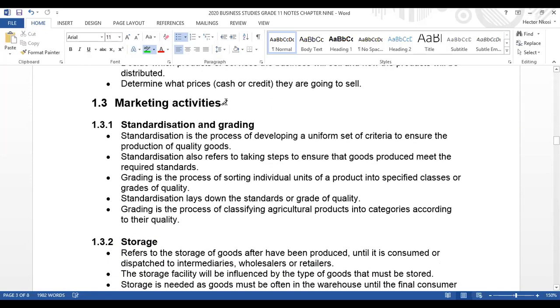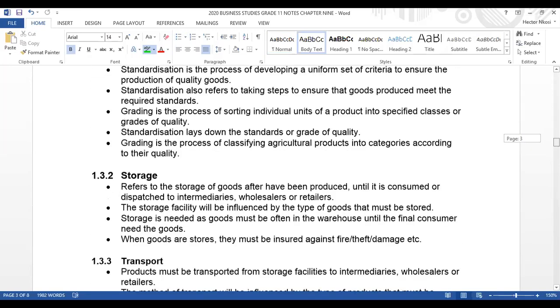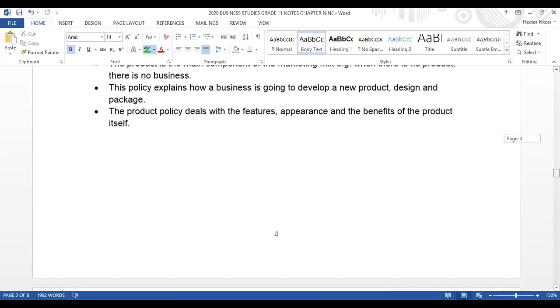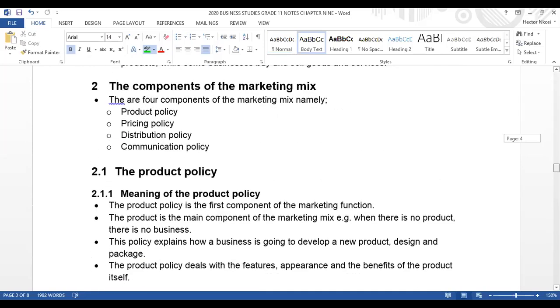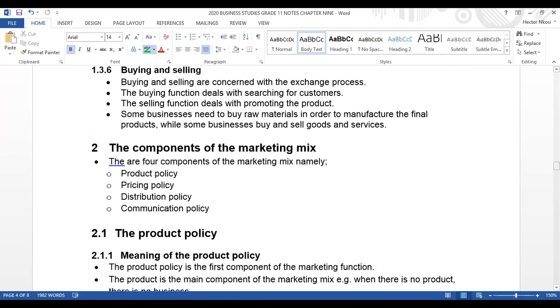Then we need to look at the marketing activities. We've got a variety of marketing activities that we need to look at. There are quite many, six of them. We'll be looking at the components of the marketing mix.